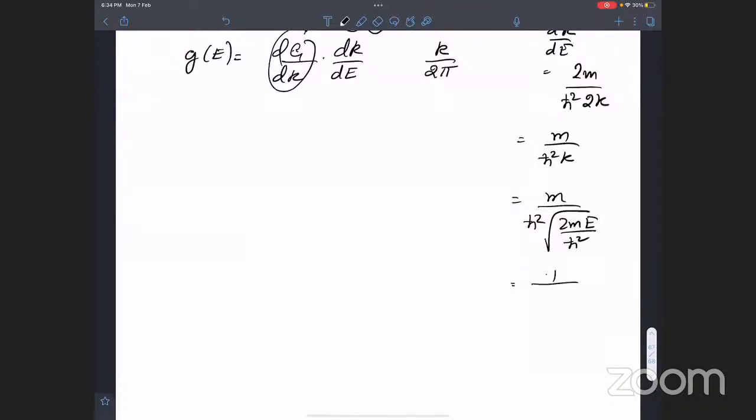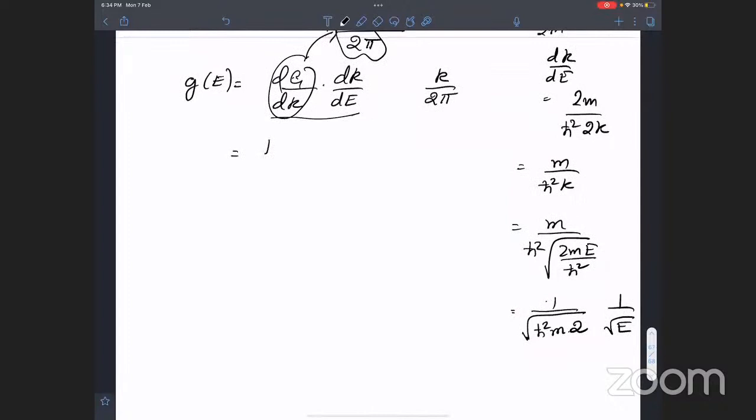Let's do it slowly. So this is 1 by root of ħ squared into m into 2 into 1 by root E. Okay, so I can write finally this entire thing as k, again root of 2mE by ħ squared, into 1 by 2π into 1 by root of 2m ħ squared into 1 by root of E.